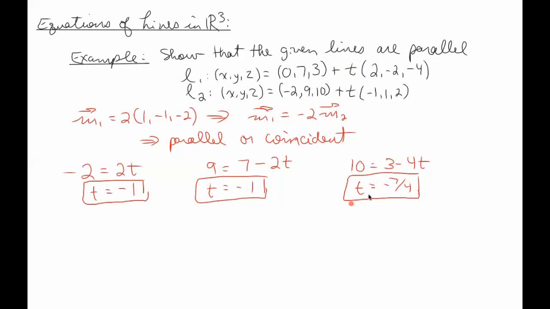Since this is not -1, we can say that the point -2, 9, 10 is not on L1, and therefore these two lines are not coincident. This is not just the same line written with a different set of numbers. They are, in fact, two different lines. And therefore, we can now say that the two lines are indeed parallel.